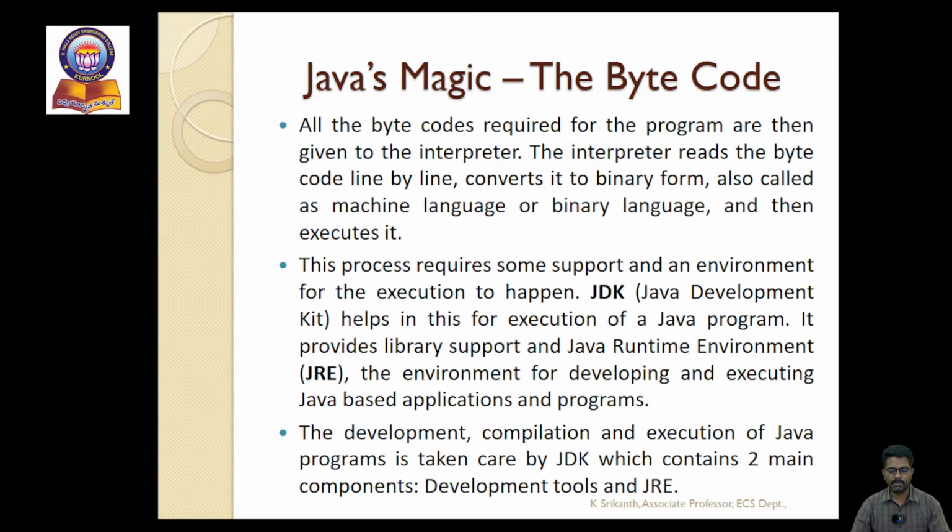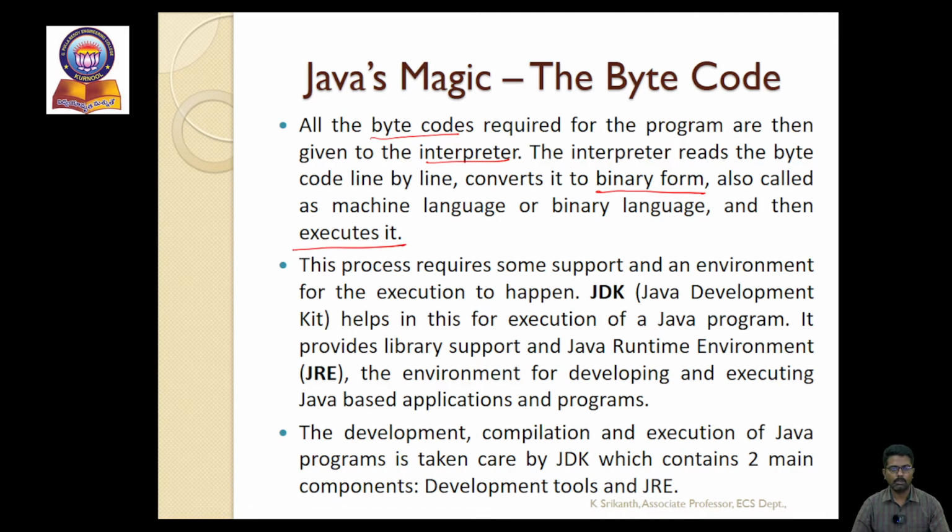So after converting the .java file to a .class file, the byte code is given to the interpreter. The interpreter reads line by line what is there in the byte code and converts it into machine language, or we call it binary form, that gets executed using the java.exe program.